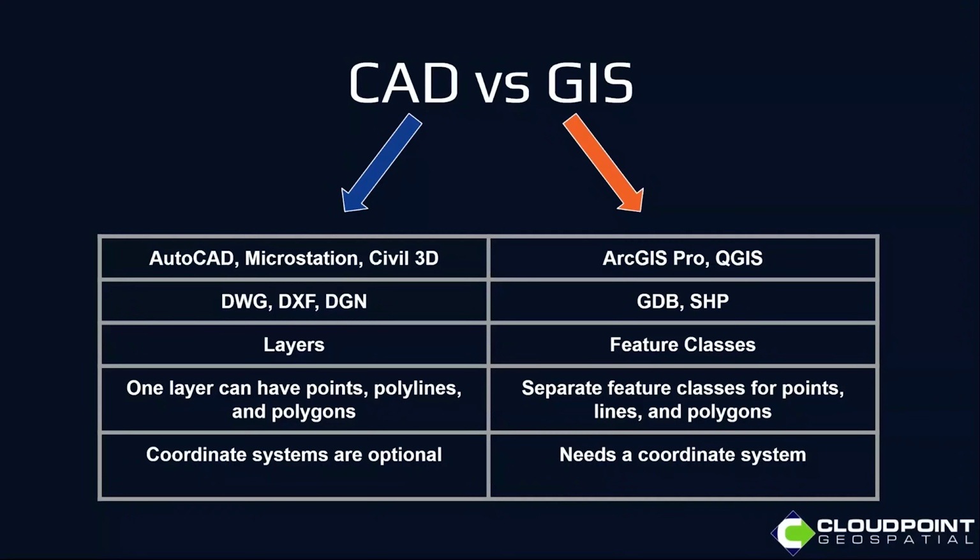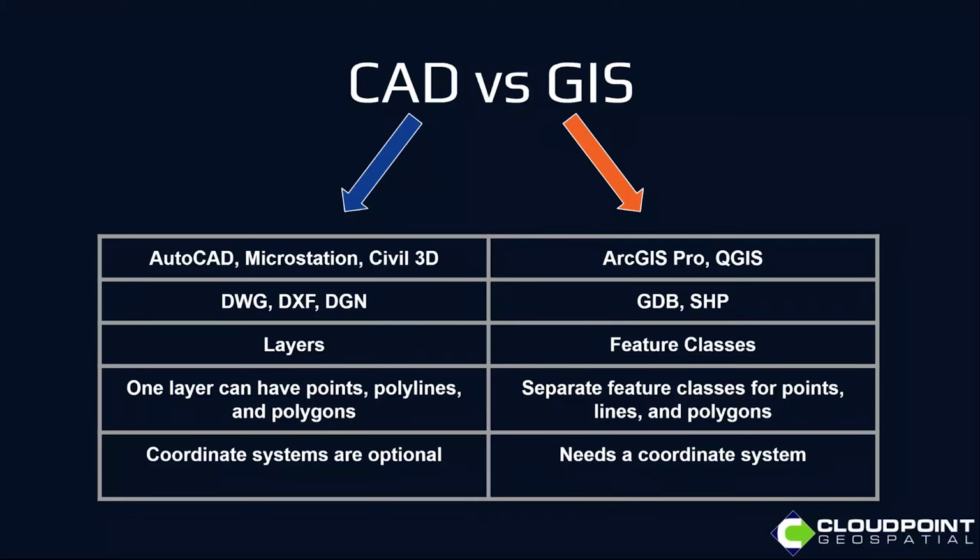The last big difference is that in CAD, real world coordinate systems are optional. You could have a drawing with your start origin at 0, 0, and dimension your box or whatever you're drawing with the correct units and lengths, but it could be essentially floating in space, and you can save that as your CAD file.